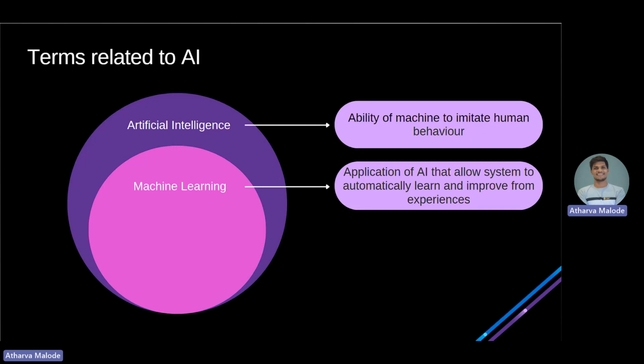Suppose there is an IPL match. Many of you must have seen the Indian Premier League. I hope you can just imagine any other similar match. So, for example, there is a match between two teams. Now, how can a machine learning model predict which team will win?